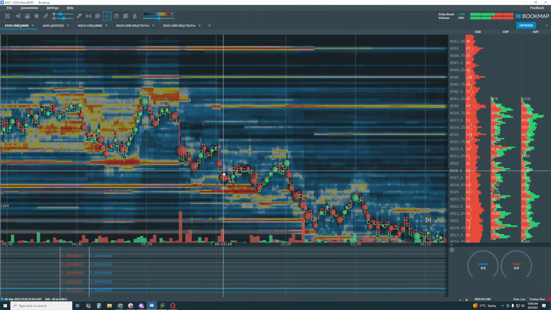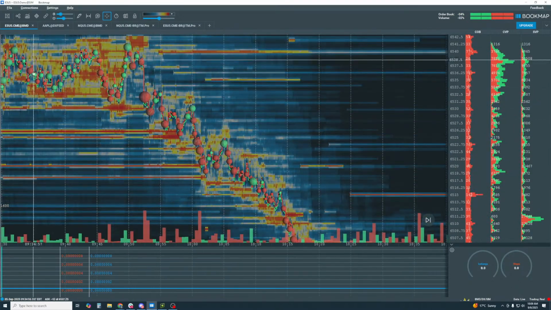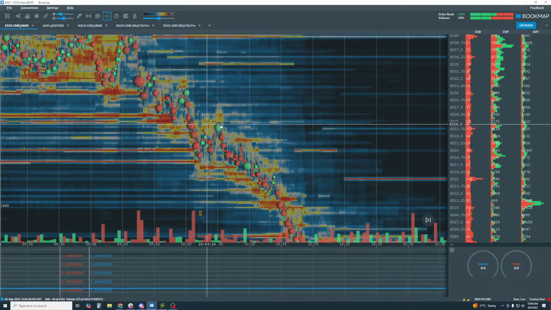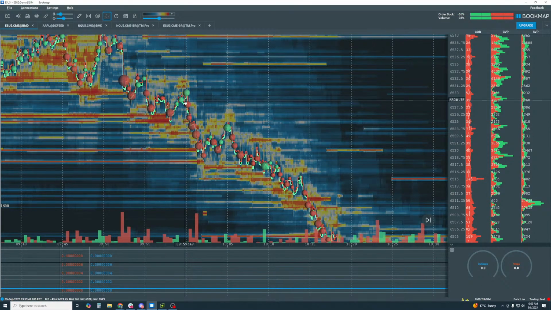And we can see it again here, and again here. And they are driving price away from this area up here. Now we knew that, and we were looking for a bounce at a certain point.